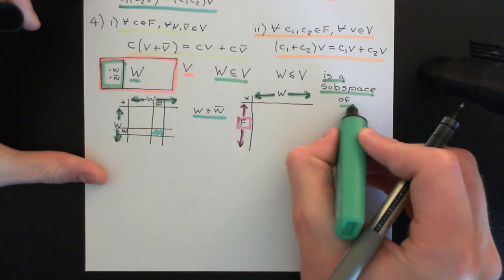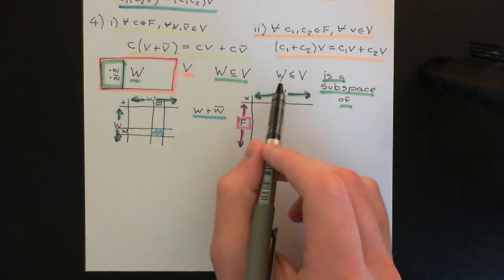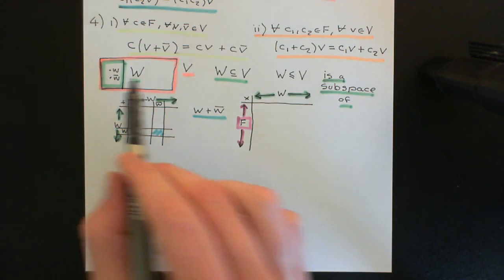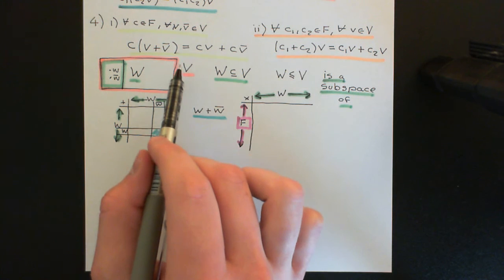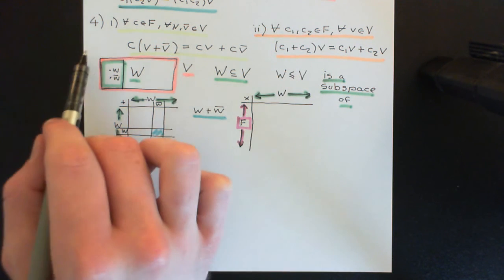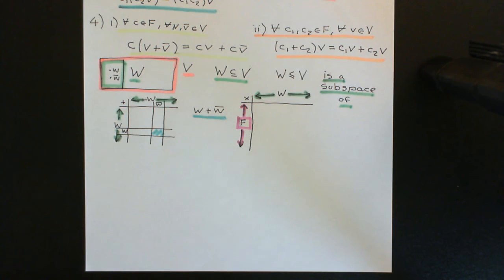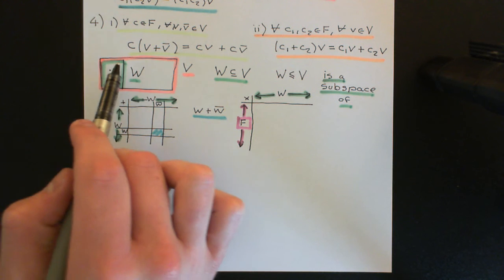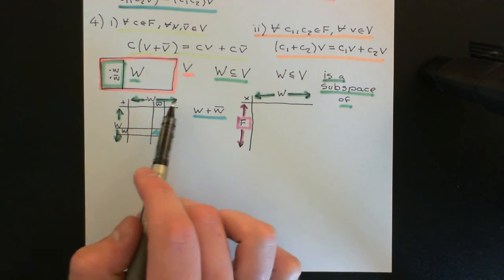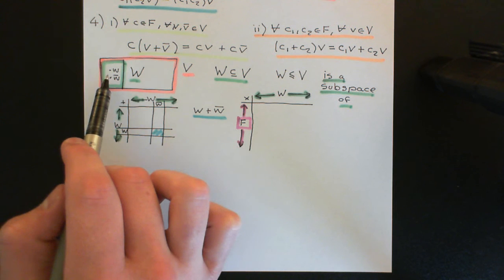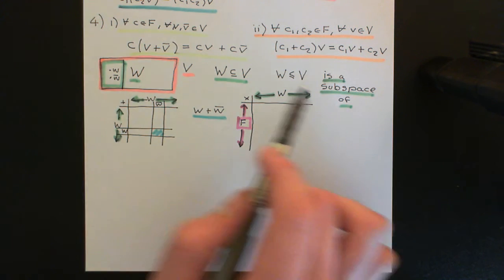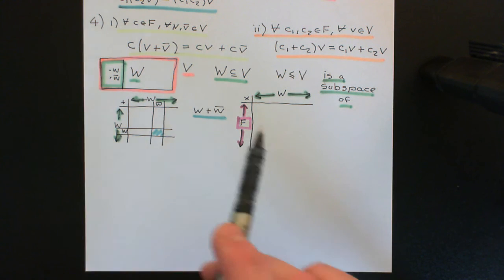Okay, and it's important to point out that if W is a subspace of V, then W will be a subgroup of V. So if you think of V just as being a group with the addition law on it, then W is a subset with an inherited addition law on it, which needs to be a group in its own right in order for W to be a subspace.